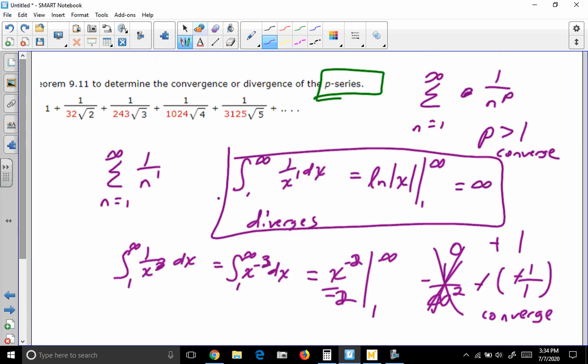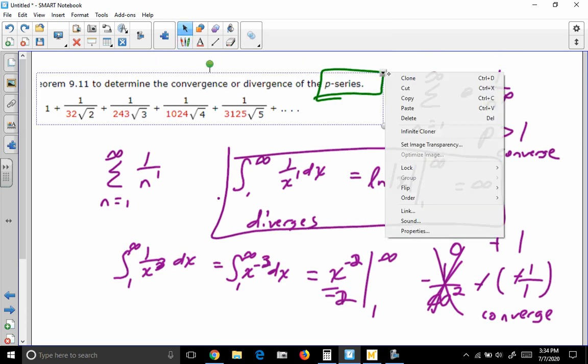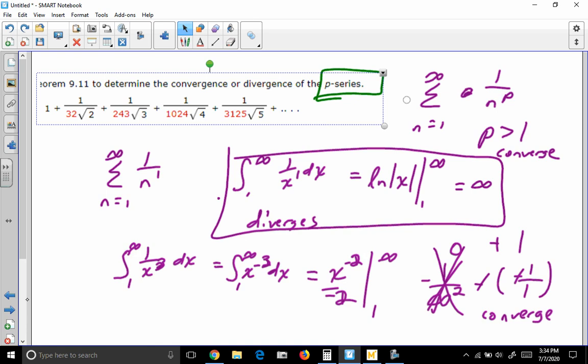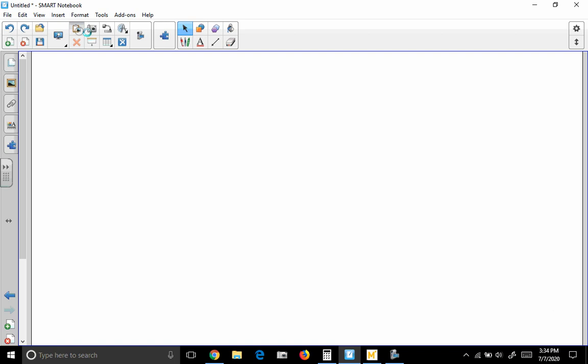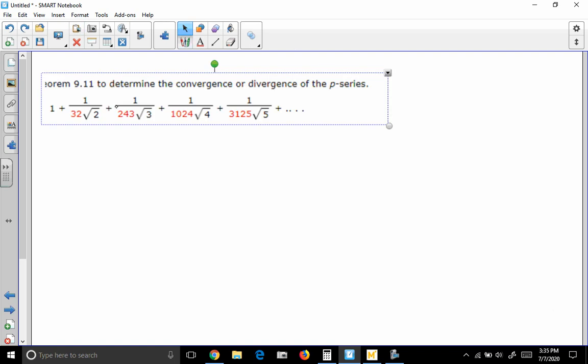So let's see if we can take this one, and I'm just going to copy it to another page, and try to illustrate that it is a p-series, and then determine based on the power whether we converge or diverge. So notice we have a 2 underneath the radical, 32 is 2 to the 5th power.